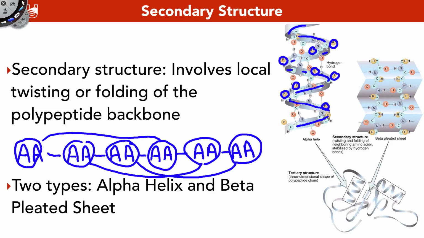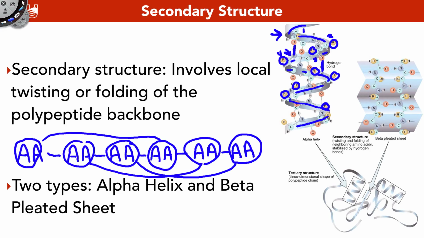All right, now what's happening here? Do you see how the one amino acid here is bonding to the other one here via a hydrogen bond? Do you see how this amino acid up here, let's call this one 1, 2, 3, 4. See how this first amino acid right here is hydrogen bonding to this fourth amino acid right here? Do you see that?